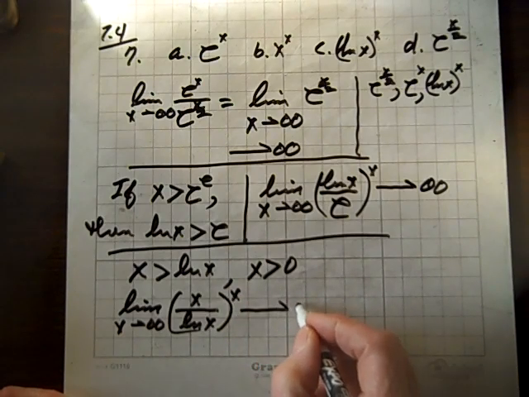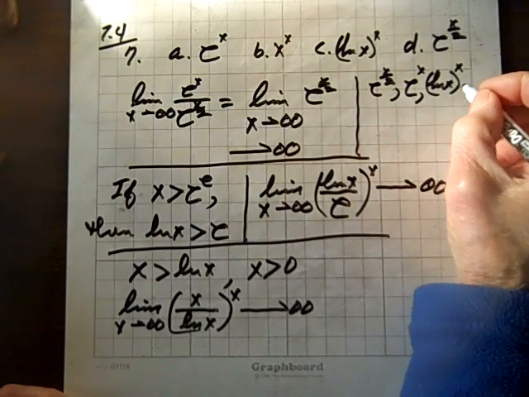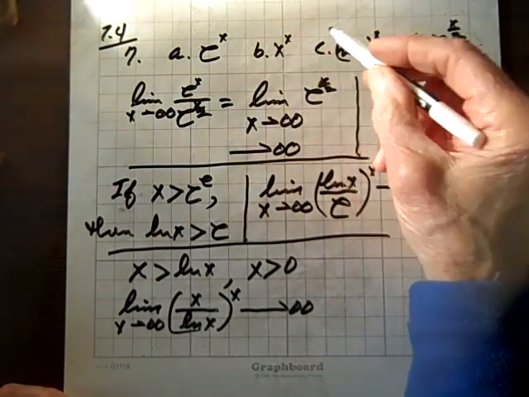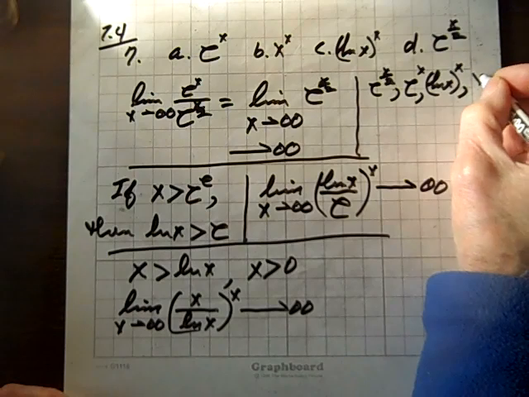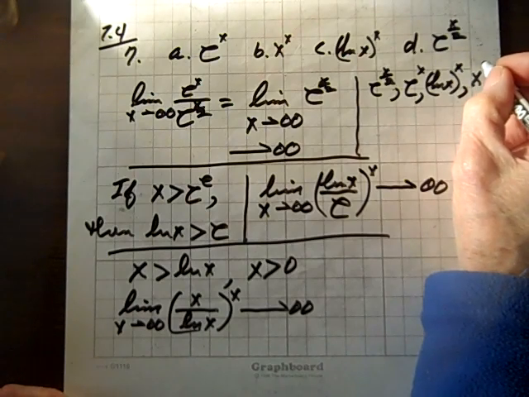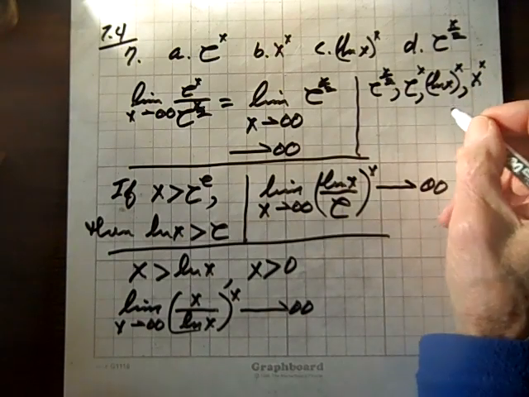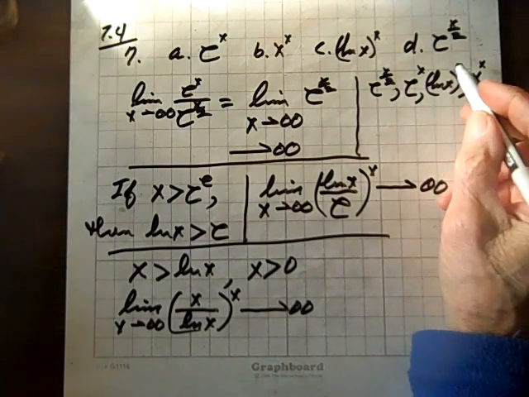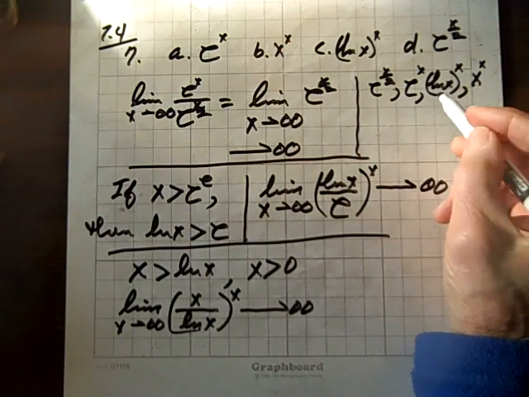That's going to go to infinity, so that tells us the growth rate for x to the x power is greater than that of ln of x raised to the x power.